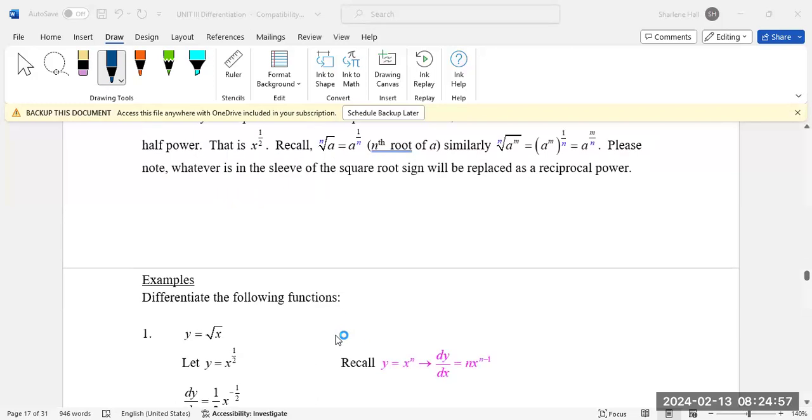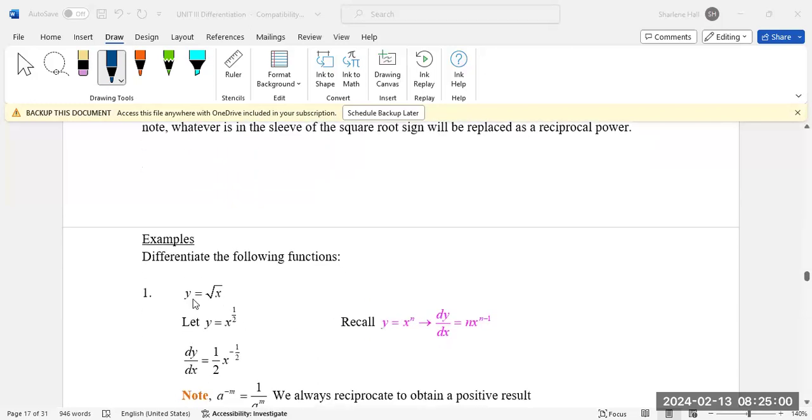All right? So if I have y equals the square root of x, then y is going to be equal to x raised to the half power. And that's what we're going to differentiate. So we're differentiating normally. So this is a half.